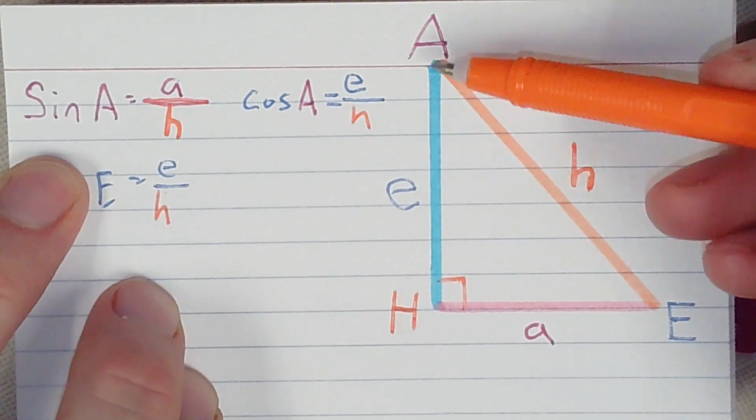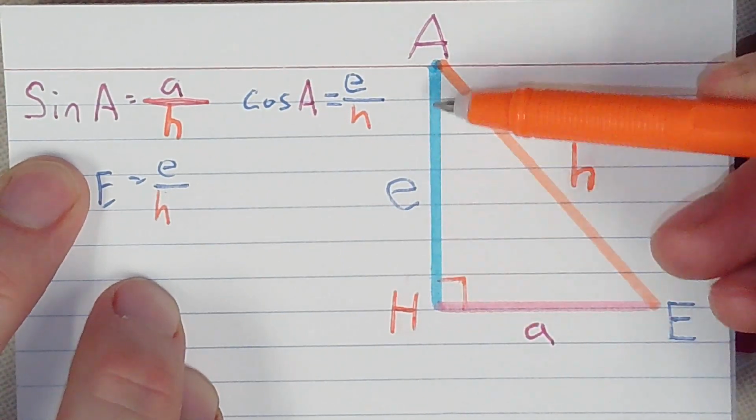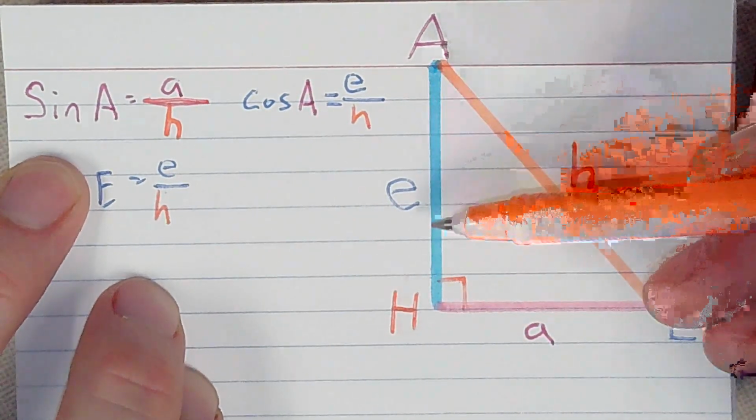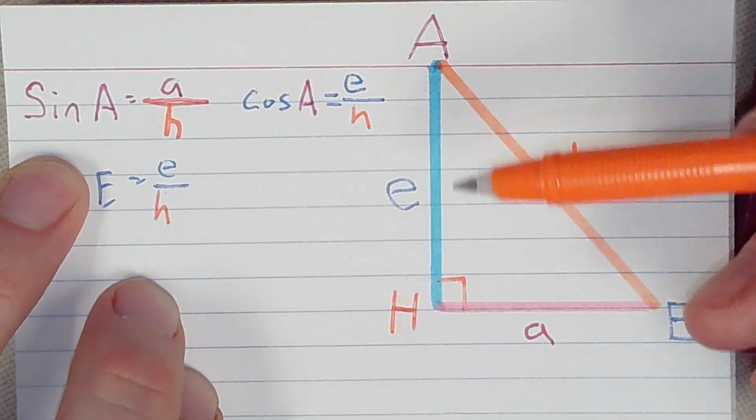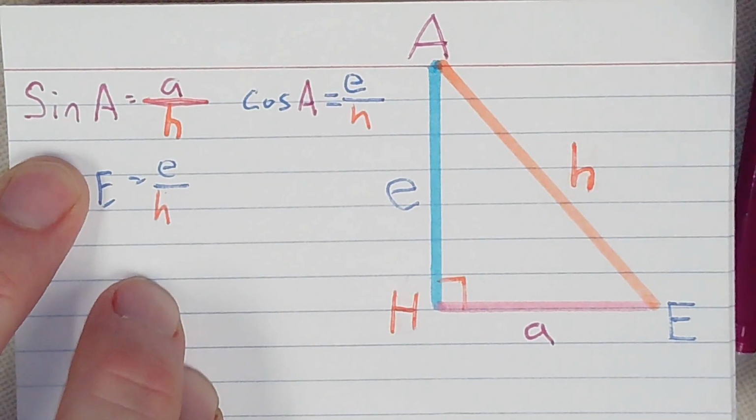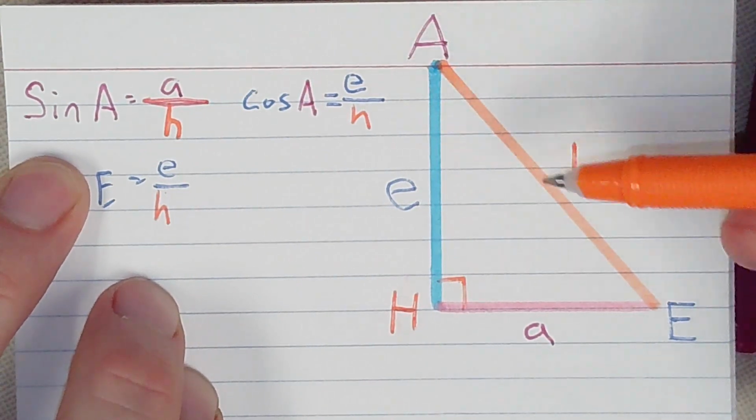Because this line segment is adjacent to it. It's the one that touches A and joins H. It helps make up A and it joins H, divided by the hypotenuse.